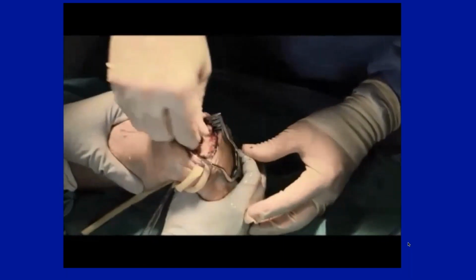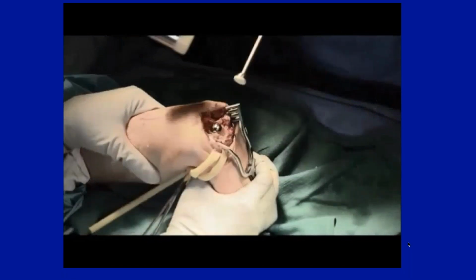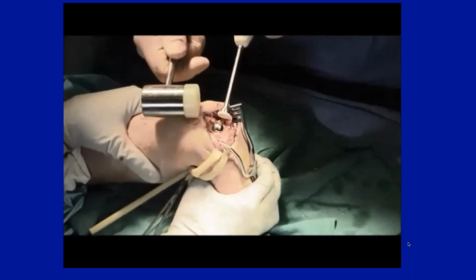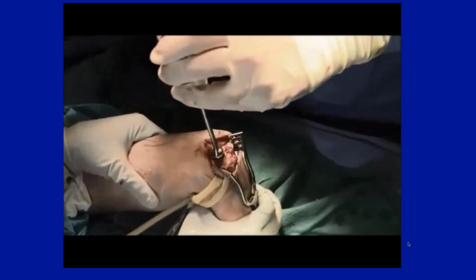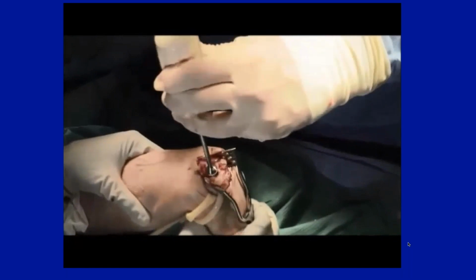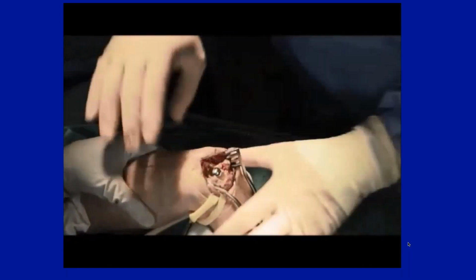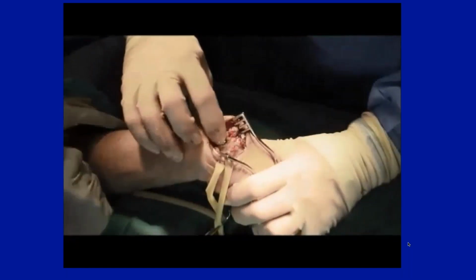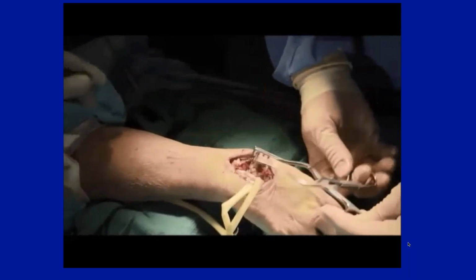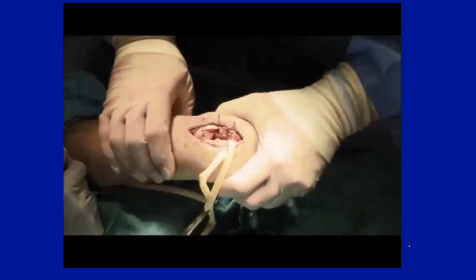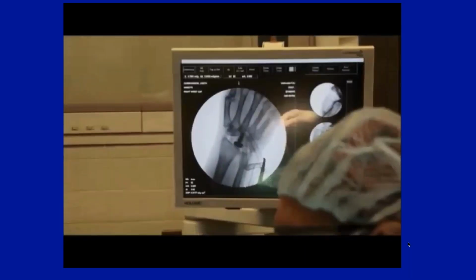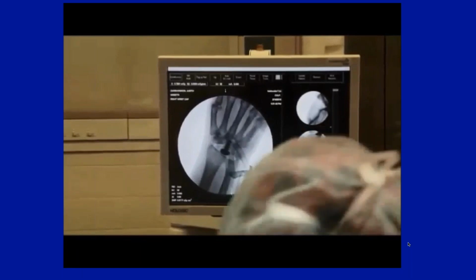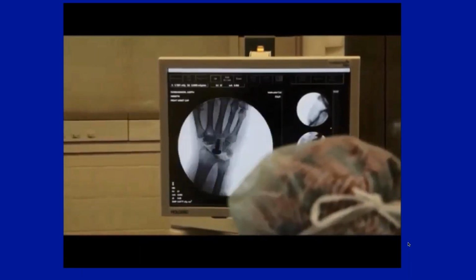Then you have the trial, and then the actual implant is placed. And then, again, this is a Morse taper, and it's very solid. Then you can assess your range of motion, both radiographically and with fluoro.